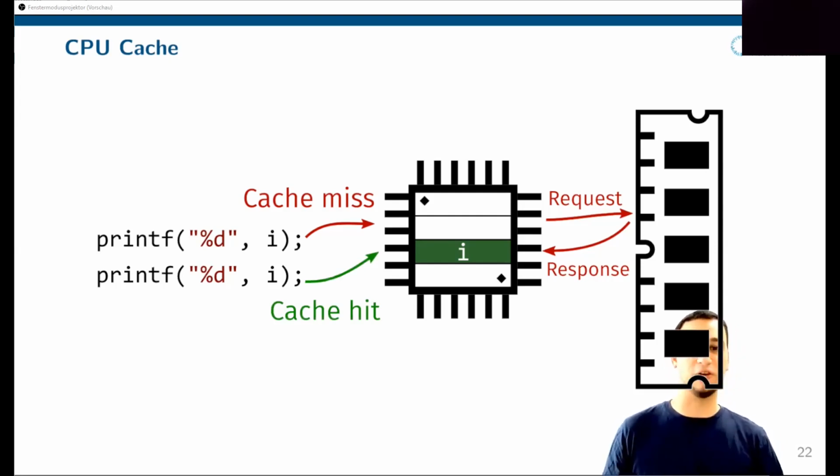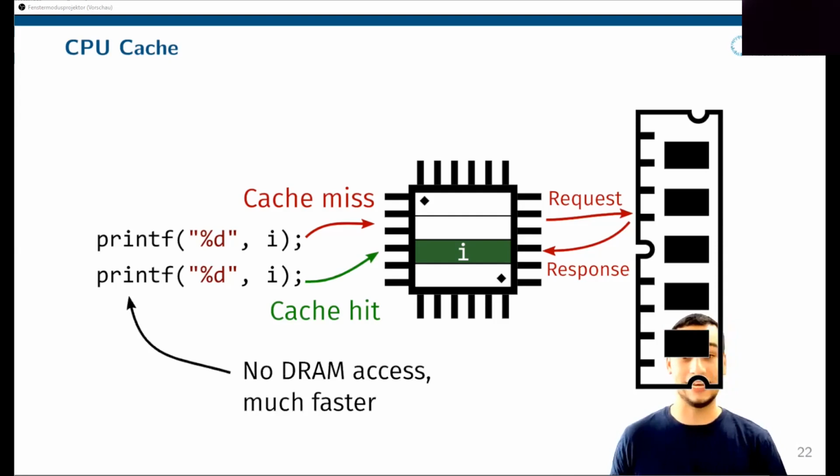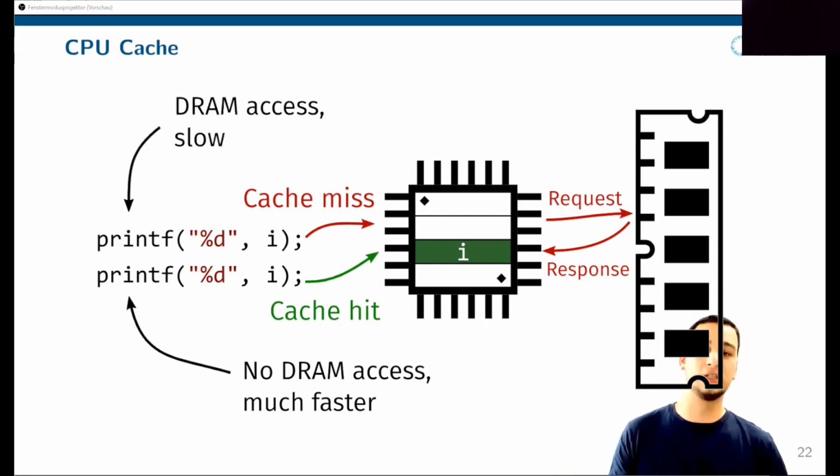I have a fresh copy of that. And we don't have to go to the main memory, do the entire request-response cycle again. So we see in the second case, we don't need to do that. And that obviously makes it a lot faster. So the second case is fast. The first case, where the cache tells us, no, I don't have that, and we have to request it from the main memory.